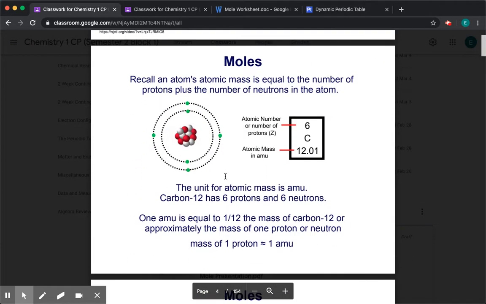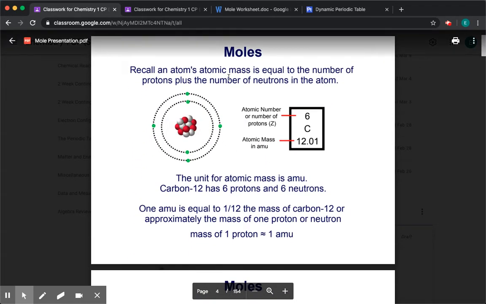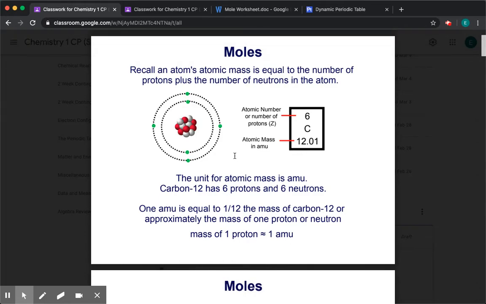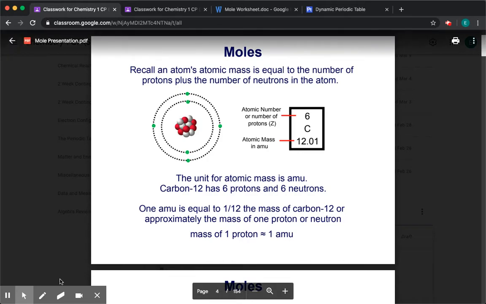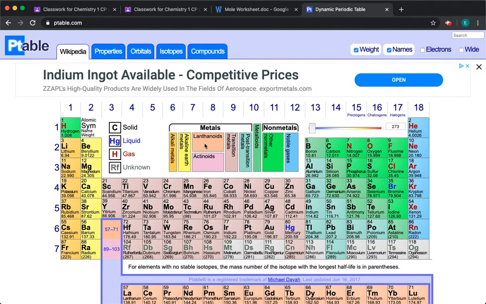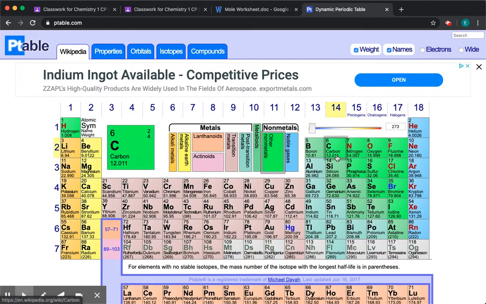Okay, so remember, all elements, all formulas, all compounds, they have a specific mass. Okay, and when we're talking about atom size, on the atomic scale, we have to use AMU. So on the periodic table, you know that the number at the bottom is what tells you how much that atom or element weighs, right? But it is specifically in AMU.